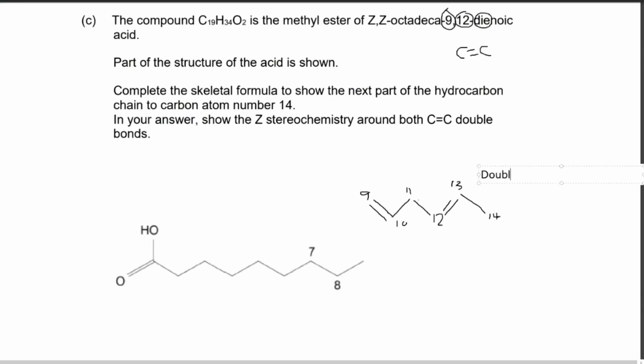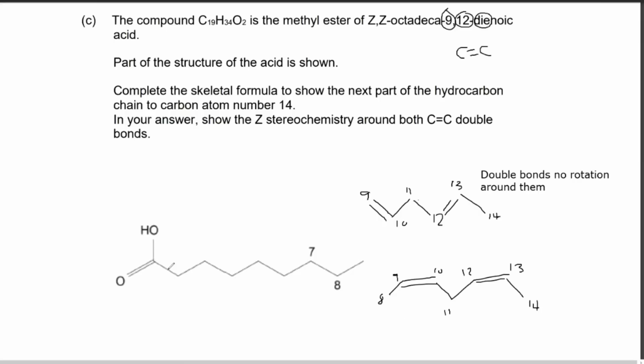Now, unfortunately, the structure I've just drawn here is not correct because there's no rotation around the double bond. What we want to do is show that. So we give it a slightly different look. We're going to go like this, and this is going to show that there's no rotation around the double bond, and this is how the cis trans arises.